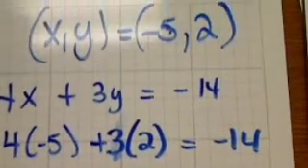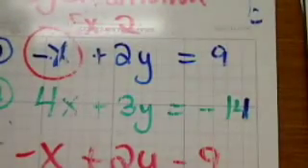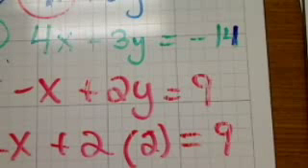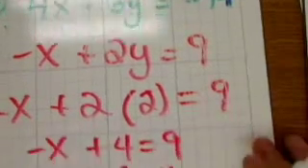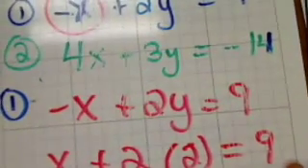So I've shown in equation 2 that the point negative 5 comma 2 works, satisfies the equation. And by the way, back in equation number 1 we actually showed that it works also in equation 1, because that's what we used to find it in the first place.